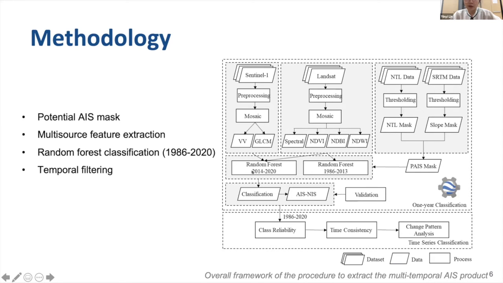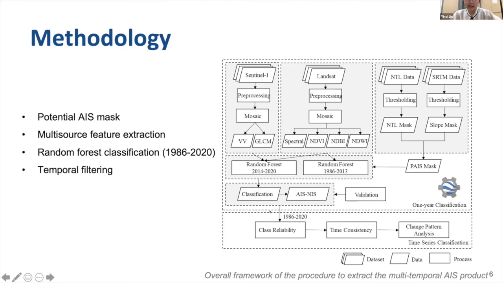And from 2014 to 2020, we use both the Sentinel-1 data and the Landsat data. The Sentinel-1 data includes the VV backscattering coefficients and also the GLCM texture features. And random forests are used in this study.